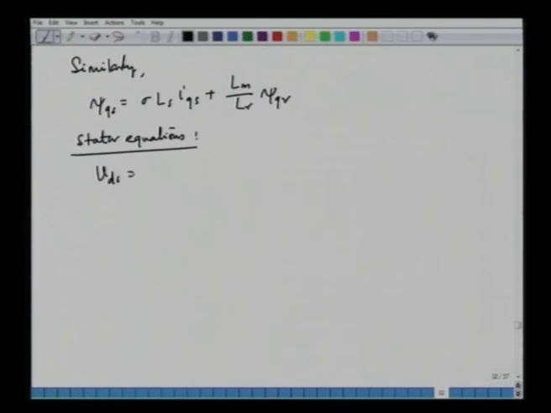VDS is equal to RS IDS plus P psi ds. So we can replace for psi ds as we have derived.